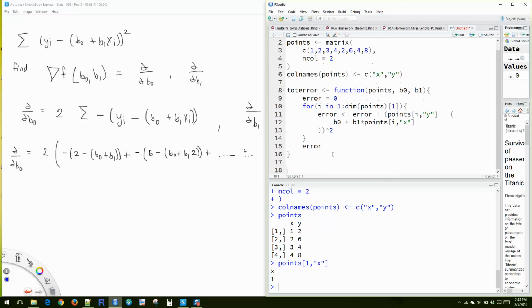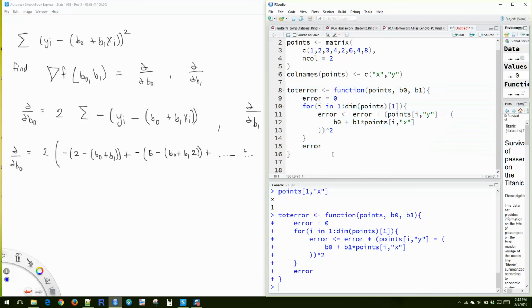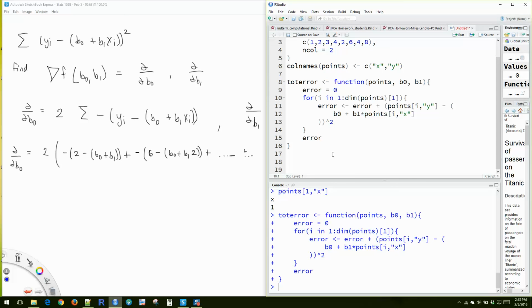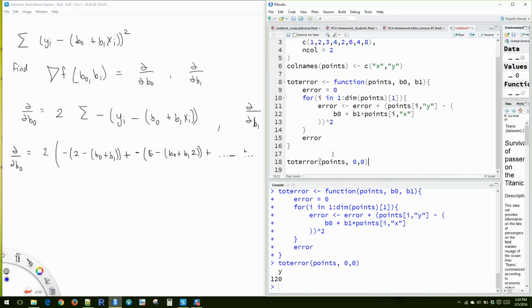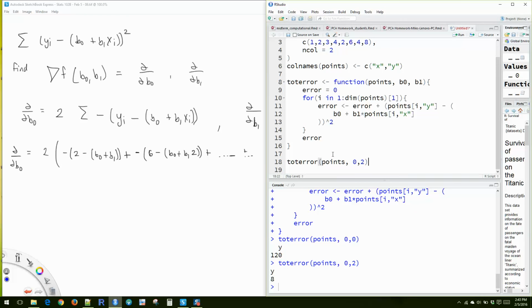Let's try our function out. We'll say total error of points using 0, 0, and it says our total error is 120. What happens if I throw in the slope 2? That reduces it. That seems to be working, right?